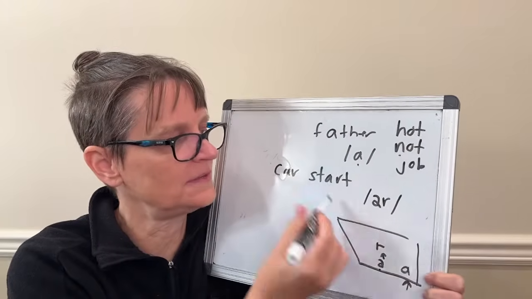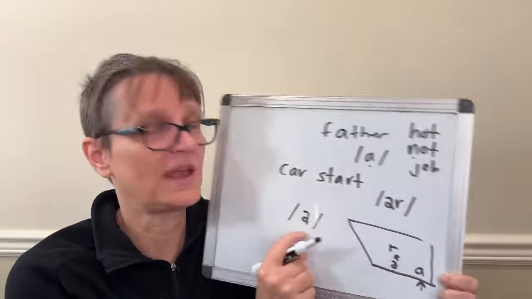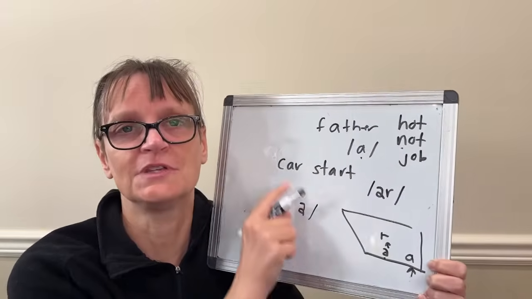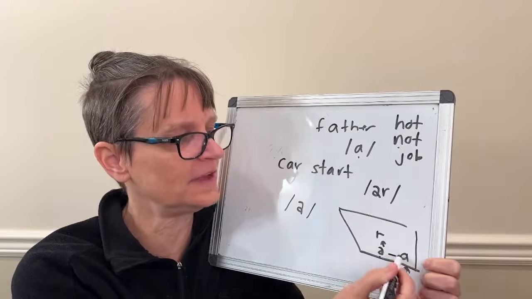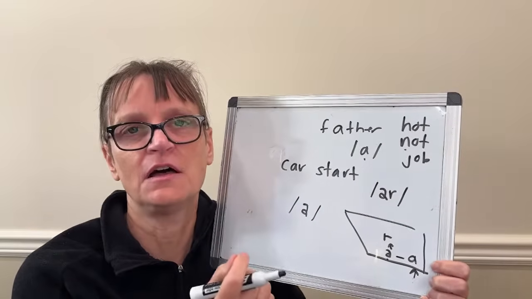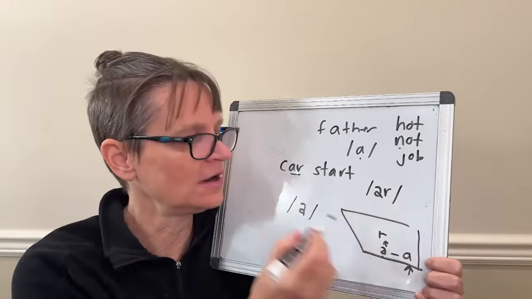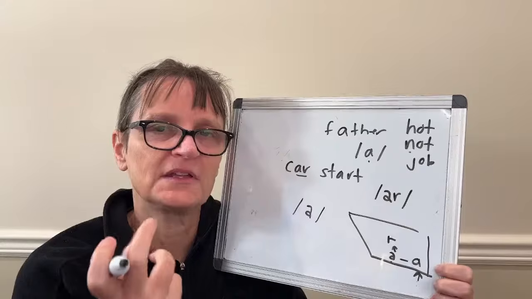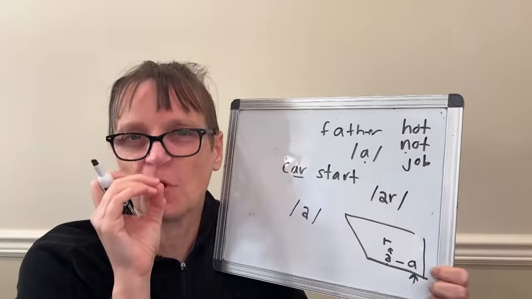This sound is not a sound we have by itself in English. We only use it in R. It's very, very similar to the "ah" in father, so you can think of the "ah" in father when you're trying to do R, but if you do that, it's probably going to sound a little too dragged out, and the R is not going to be small enough.